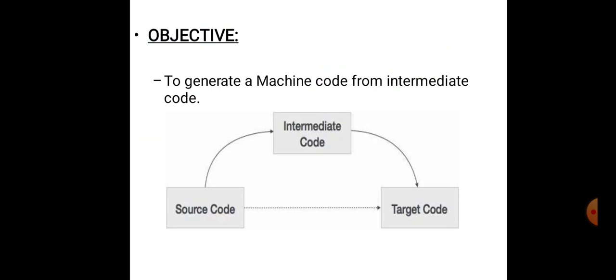Then the intermediate code can be translated into target code, instead of a direct translation. Now the question arises: why do we need to generate an intermediate code before generating a machine or target code?